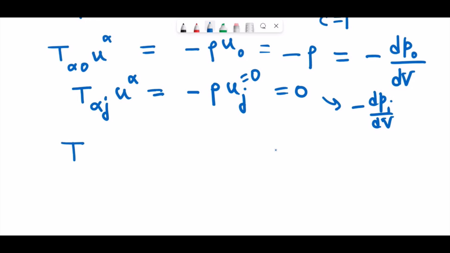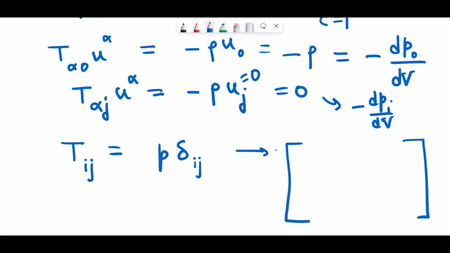What else do we have? We have T, then ij, and judging from this it is going to be p times delta ij, and of course this is the component of the stress tensor. So in the rest frame, if we want to list these things in the form of a matrix, we get negative rho and then p, and the rest of the components are going to be 0.